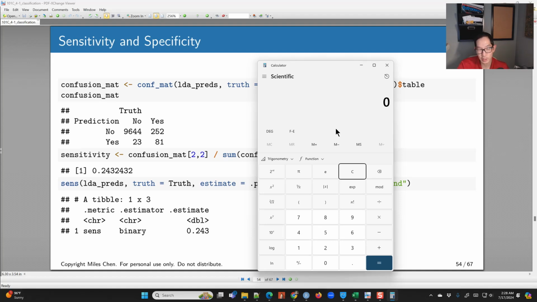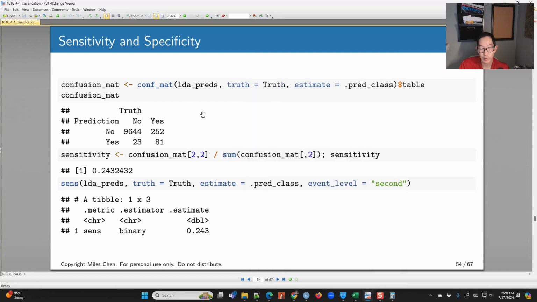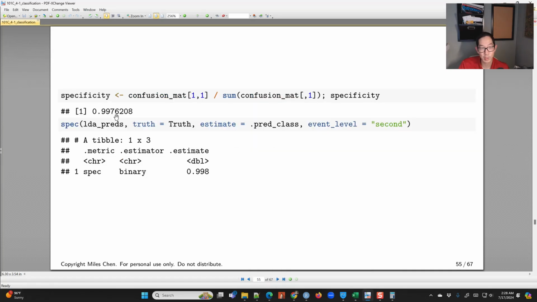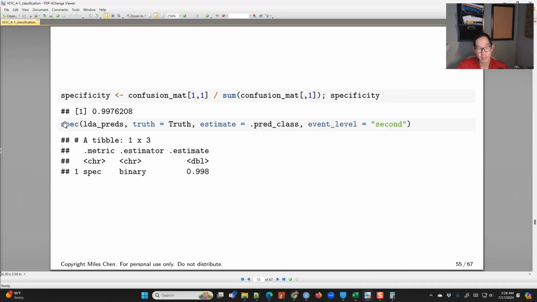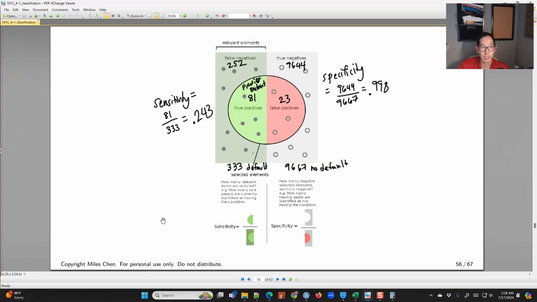So 9644 plus 23, so out of 9,667, these were not false positives. 9644 divided by 9667 is 0.9976. That's my specificity. And again, you can get that from tidymodels just by calling specificity. And here are those calculations, right there.